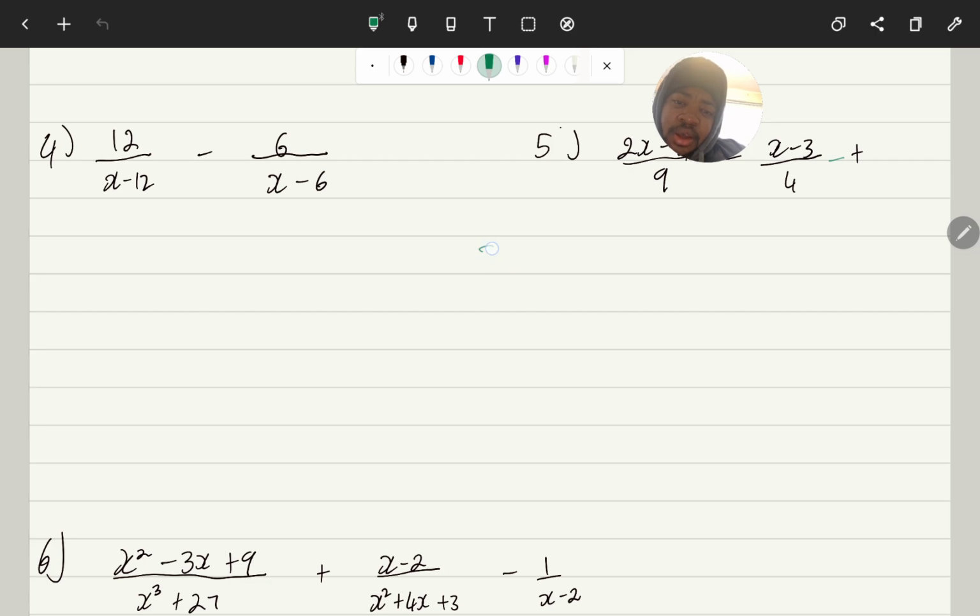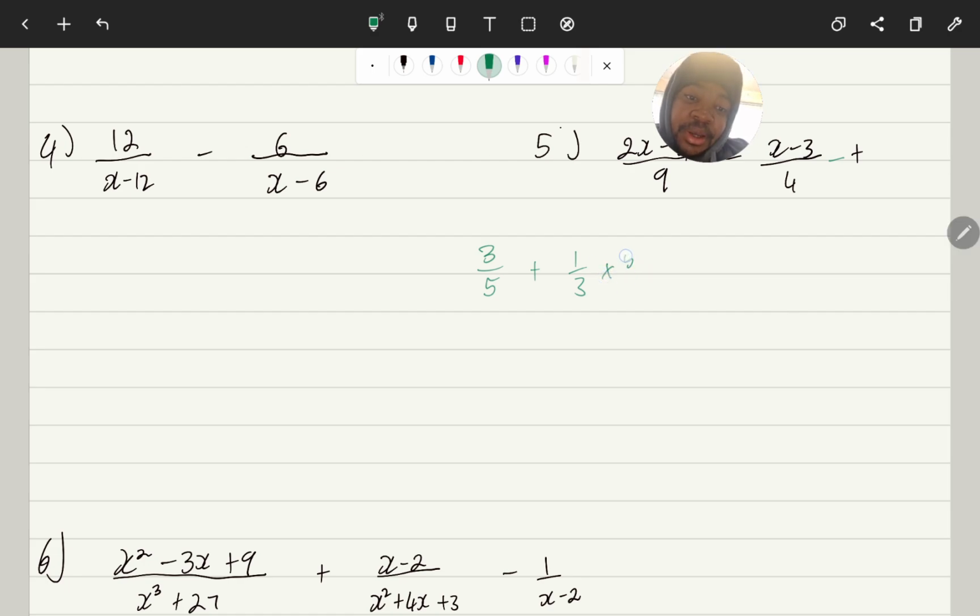You have 3 over 5 plus, let's see, 1 over 3. There is no way we can change 3 into 5 or 5 into 3. We cannot do that using natural numbers. So what we will do is the usual way of doing it.